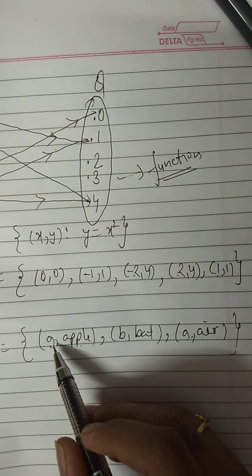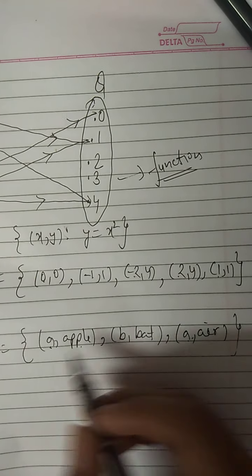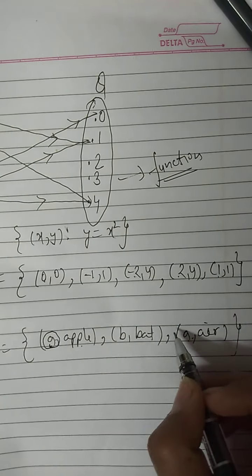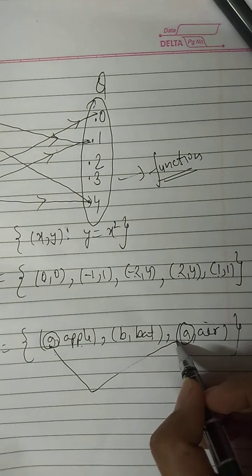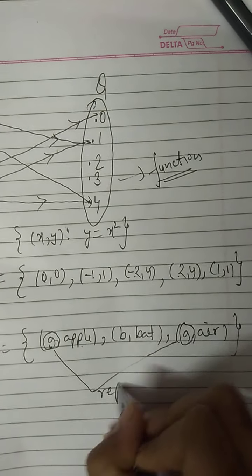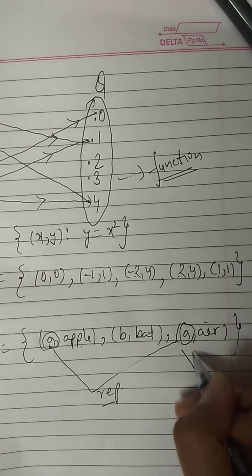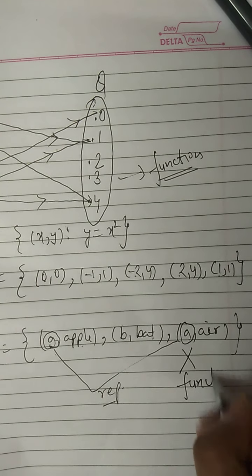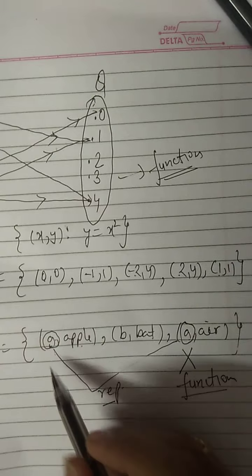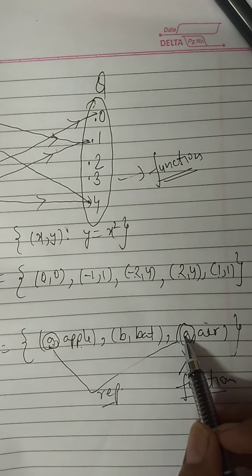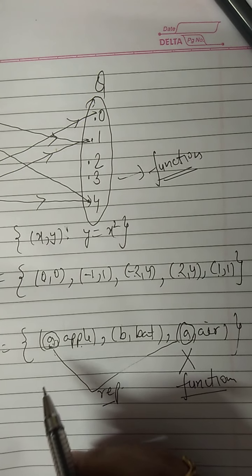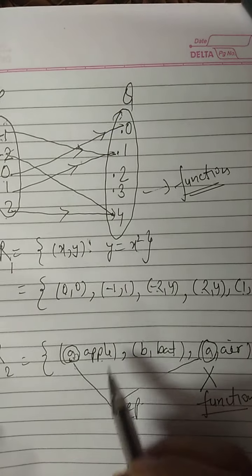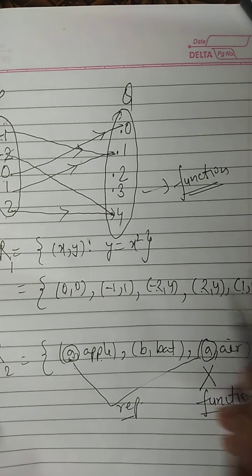That means the image of A is not unique. So here A and this A, this is the repetition of the first element, right? It is repeated. So that means this is not a function. If the first element is repeated within the given relation, that relation will not be considered a function. But yes, the second element can get repeated.